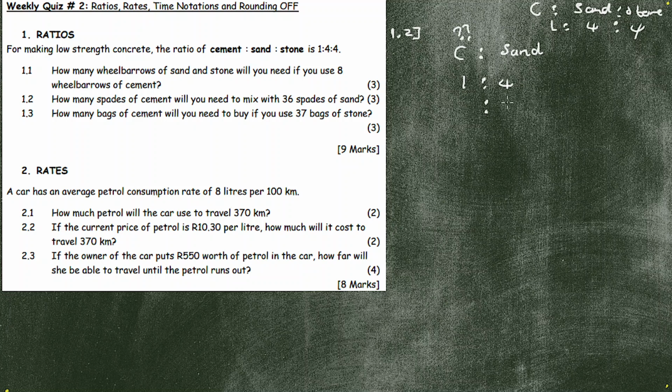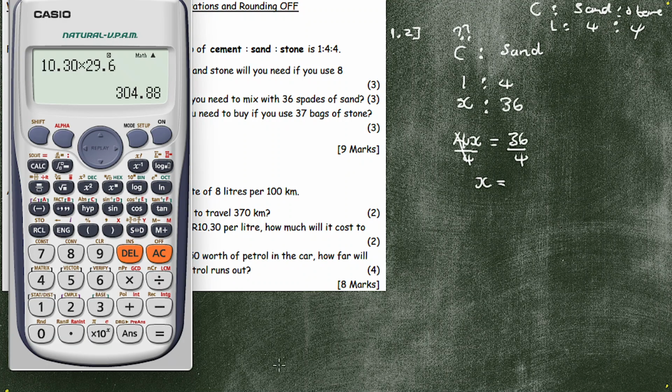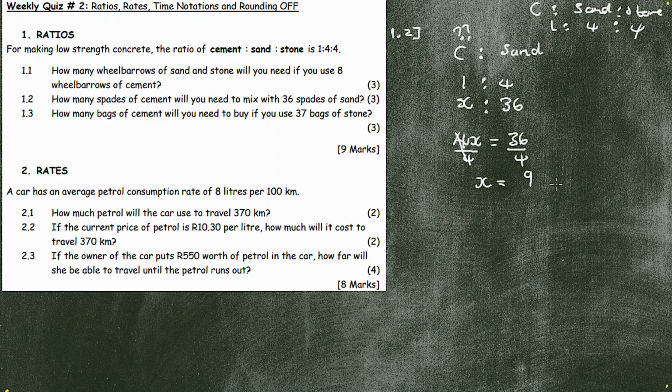I don't know how many, so I place an x. I cross multiply: I'm getting 4x equals 1 times 36, that's 36. Divide by 4 on both sides, then x is 36 over 4, which is 9 spades.